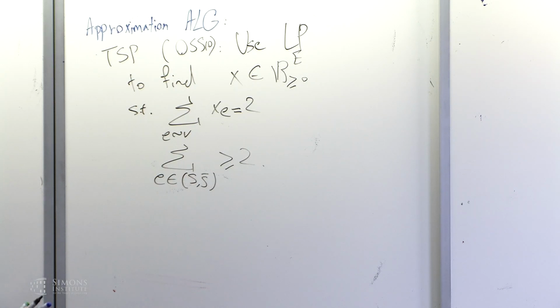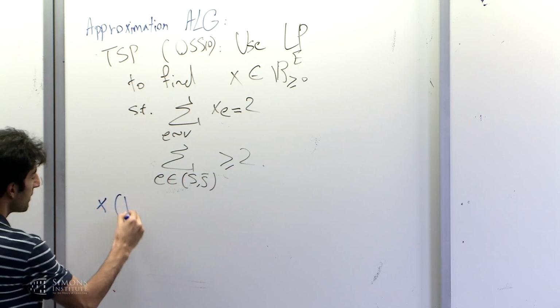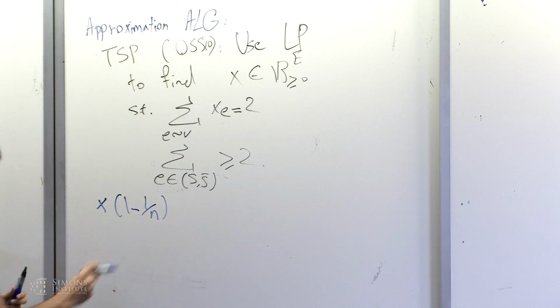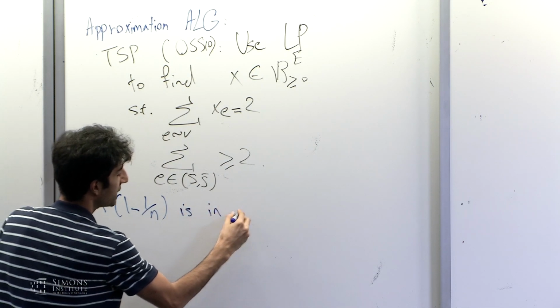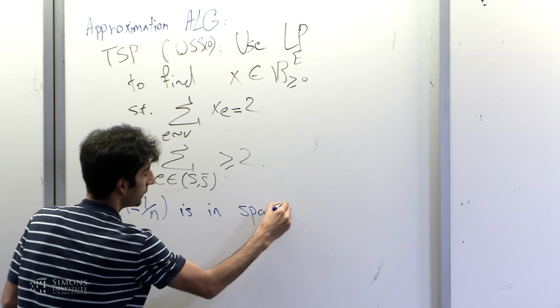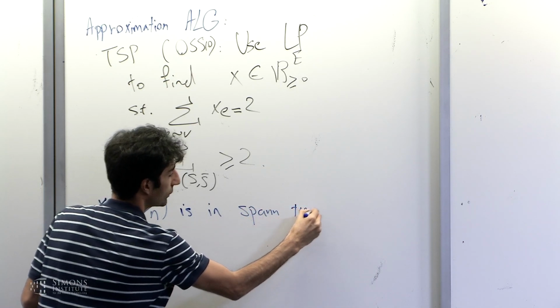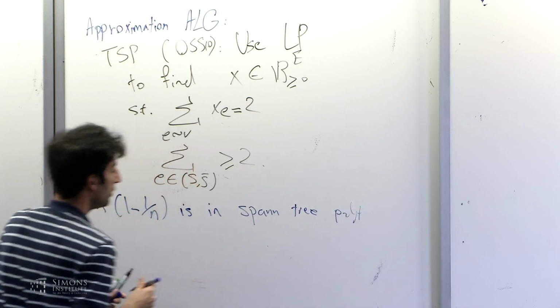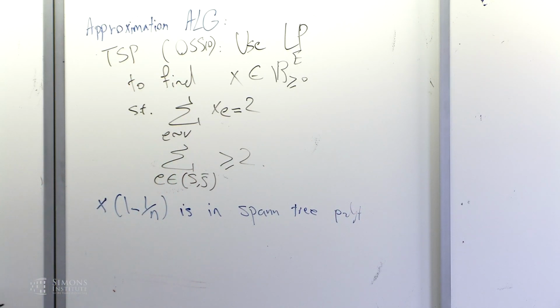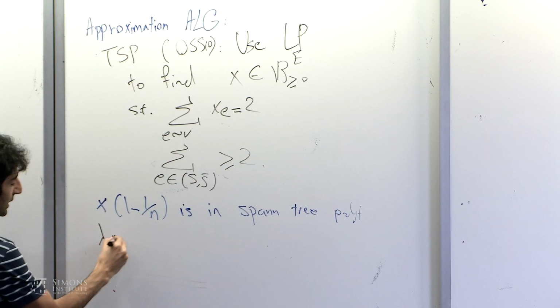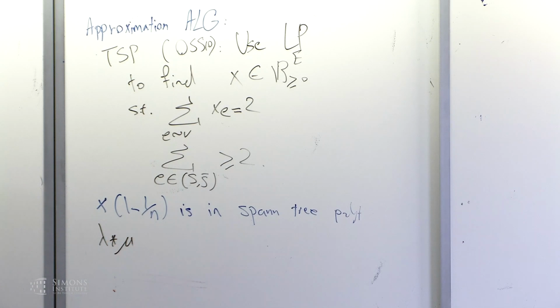Now, here's the interesting thing. If you look at the vector x times (1 minus 1 over n), where n is the number of vertices of the graph, this vector is in the spanning tree polytope. So what you get is that there exists this lambda such that the maximum entropy distribution mu has marginals equal to x.